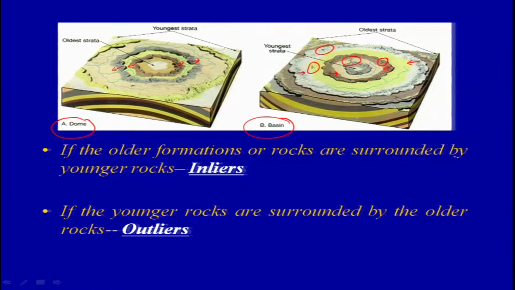So older rocks are surrounded by younger rocks. So where is the older rock? In the core here, surrounded by younger rocks. So you will call that an inlier.